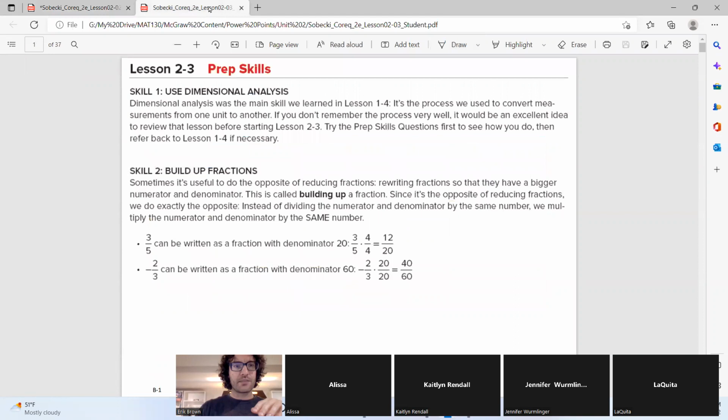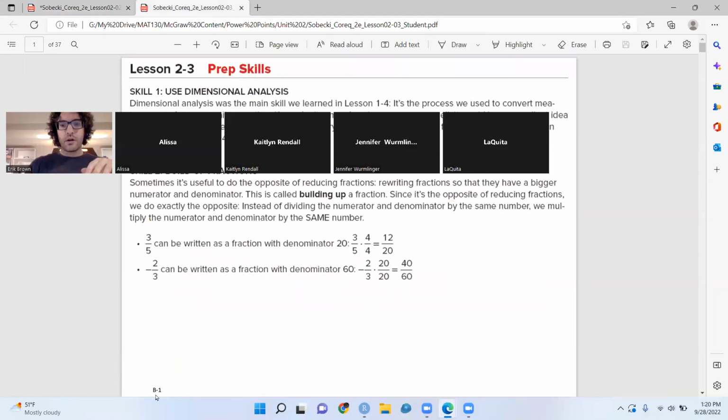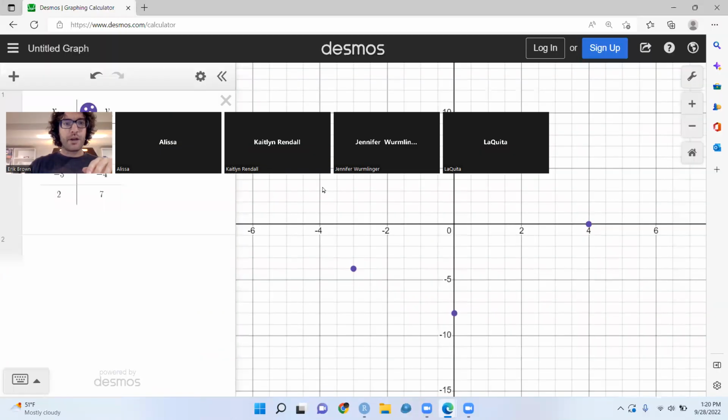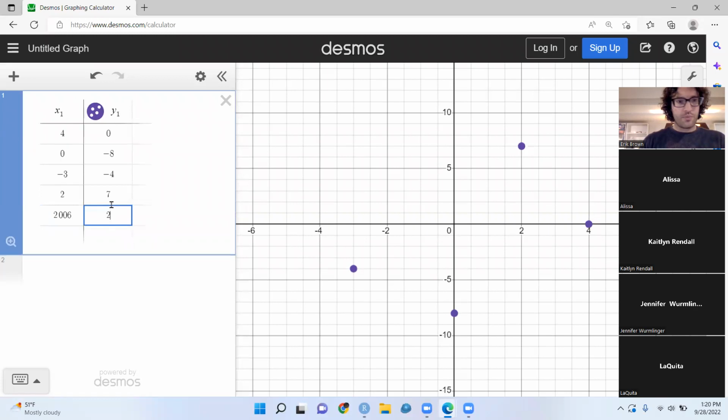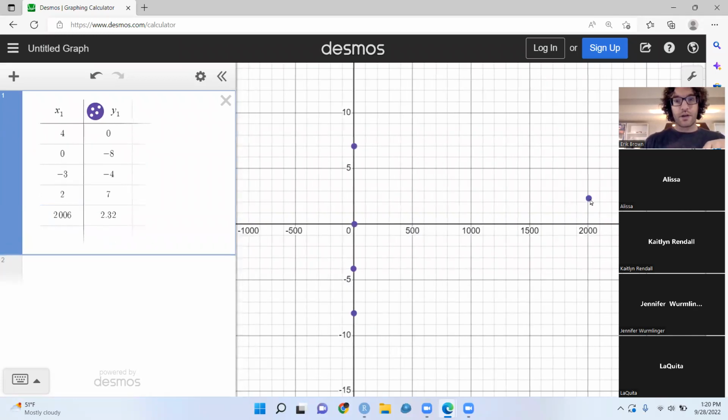Like if we go back to Desmos, and I put in the point 2006 and 2.32, it's crazy off the chart. I mean, it's like way over here. And so we often don't like that. We want things closer to the y-axis.